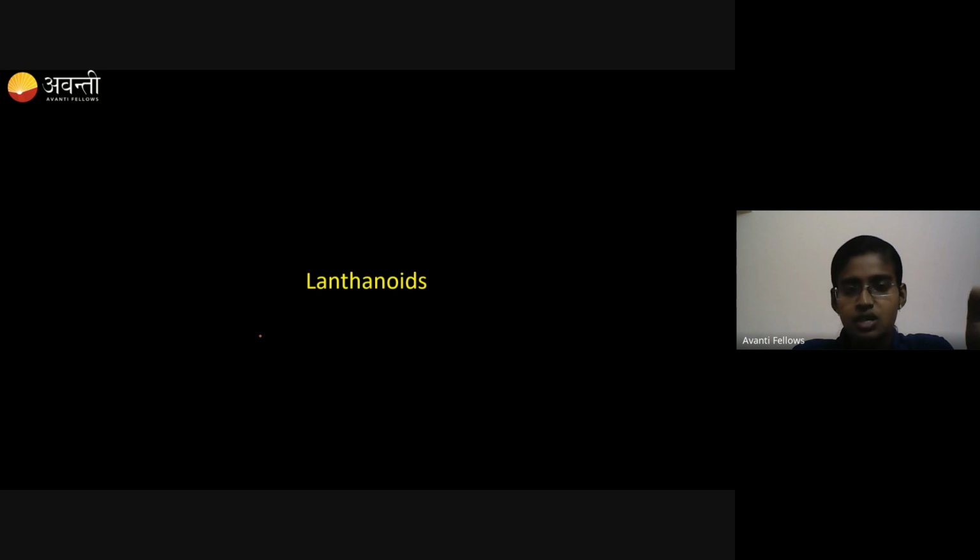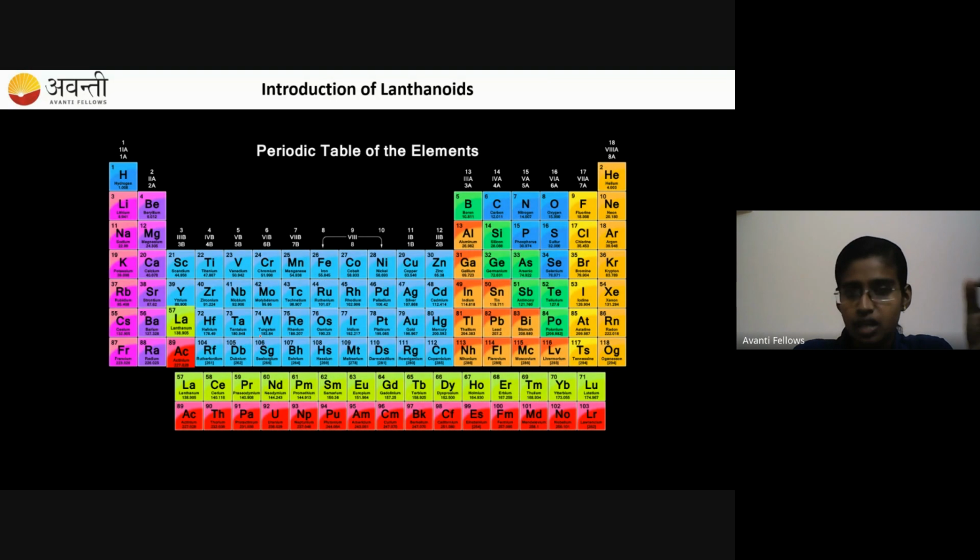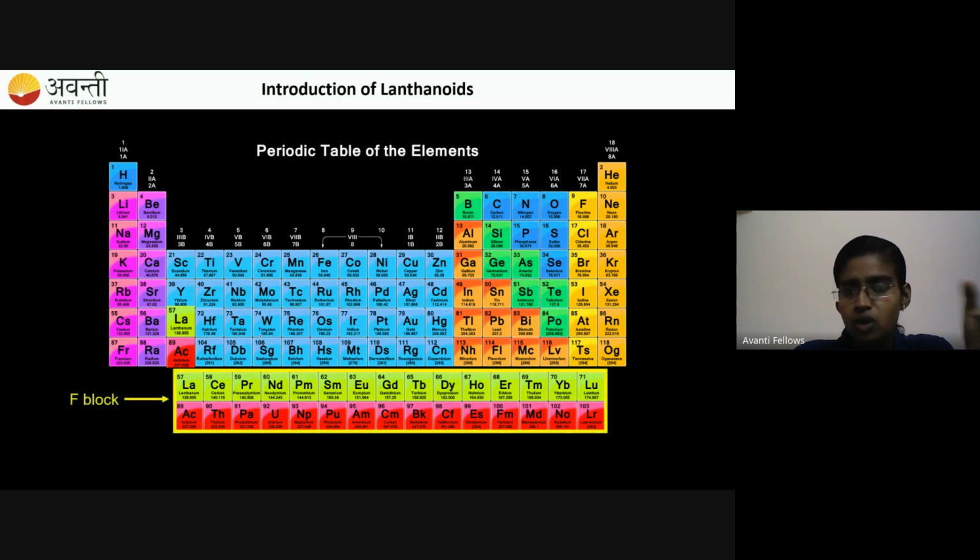Okay. So coming to the lanthanoids and actinoids, I'll show you the position of lanthanoids. We know the S block, P block, D block, and all. So the F block you can see in the bottom part of the periodic table. There is an element called lanthanum, and from lanthanum onwards, it proceeds till lutetium.